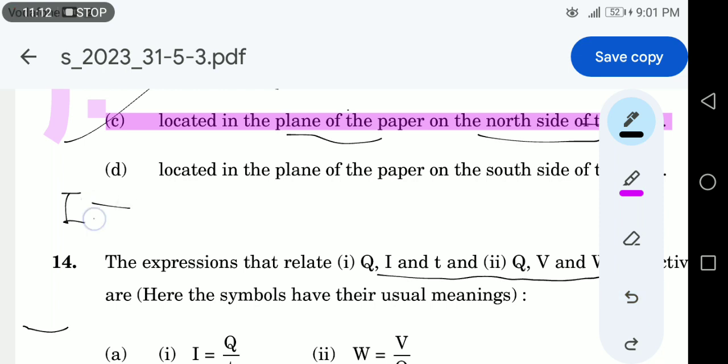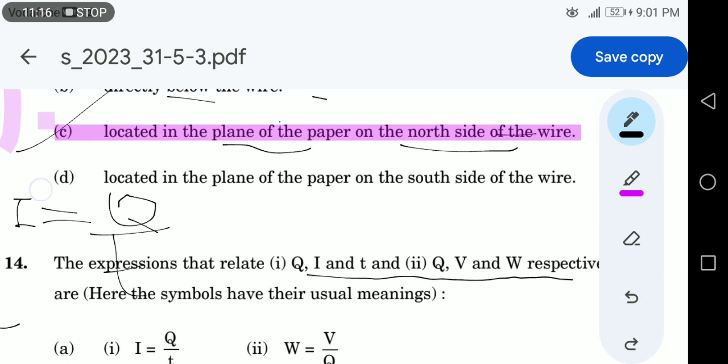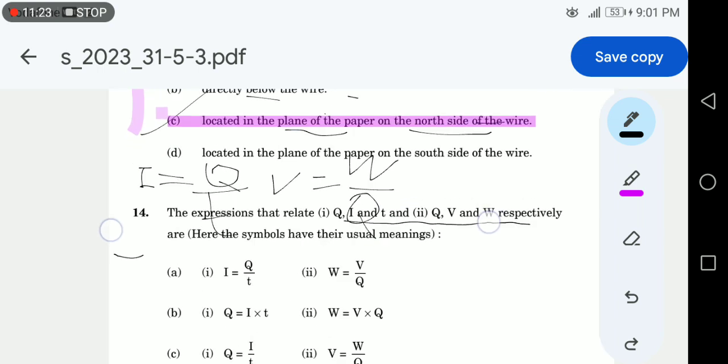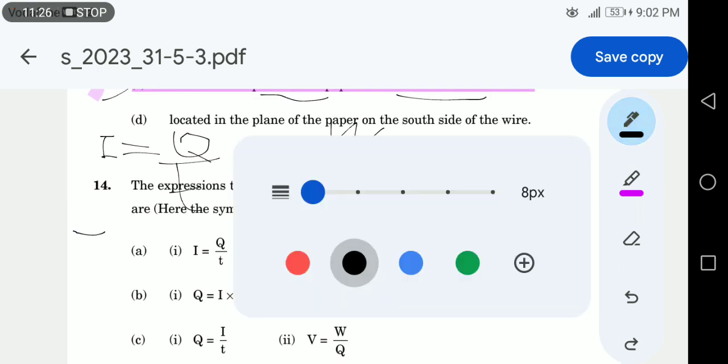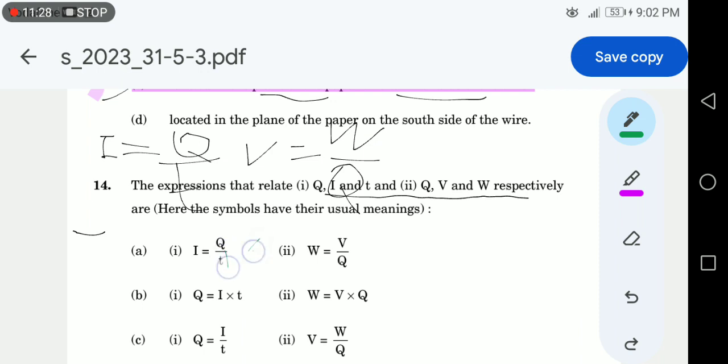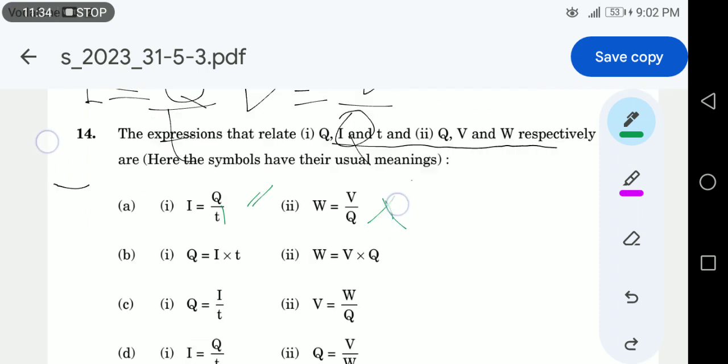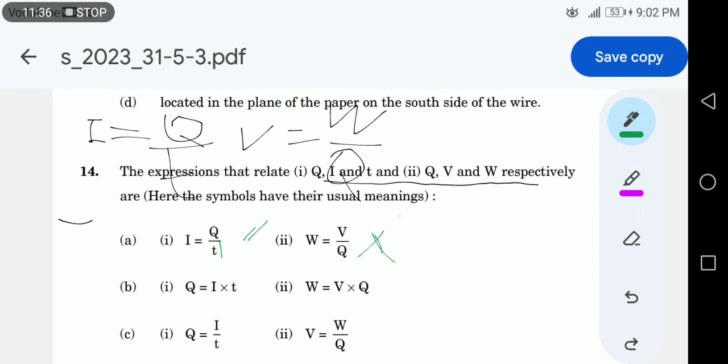I is equal to Q by T and V equal to W by Q. So which of the following are correct? I equal to Q by T is correct and W equal to V by Q, no, it is V equal to W by Q. Q equal to IT, yes, that is correct, and W equal to V into Q, that is also correct.